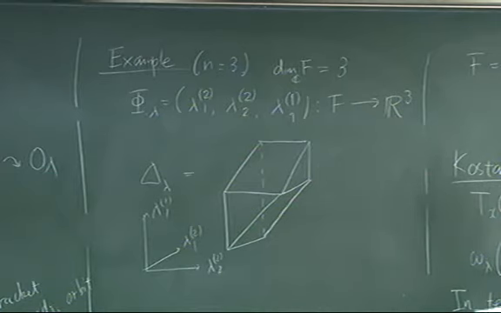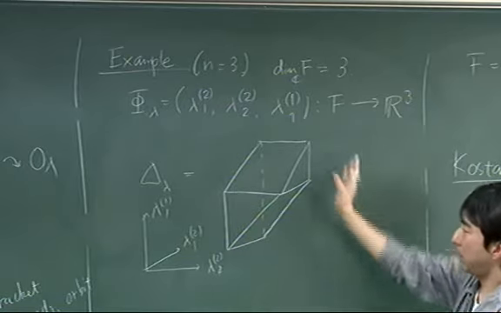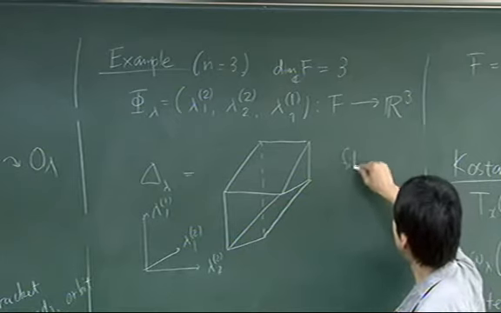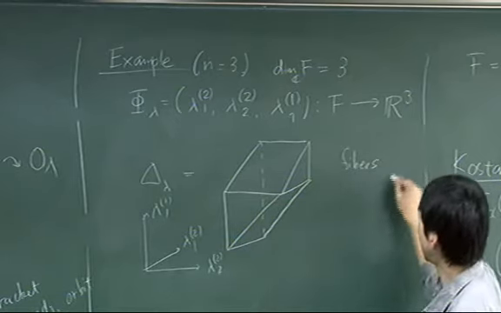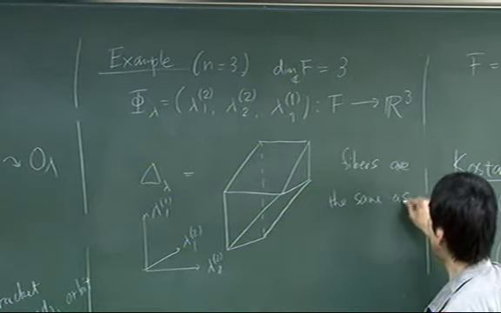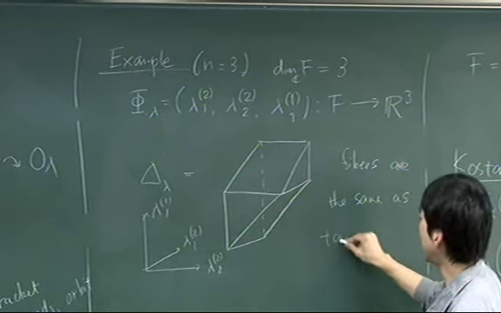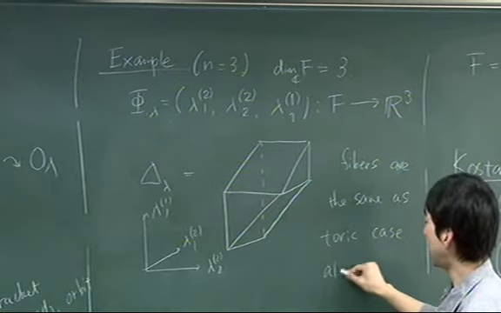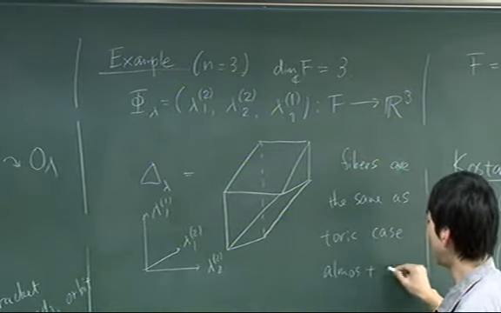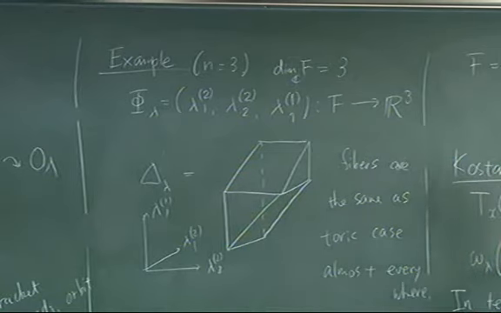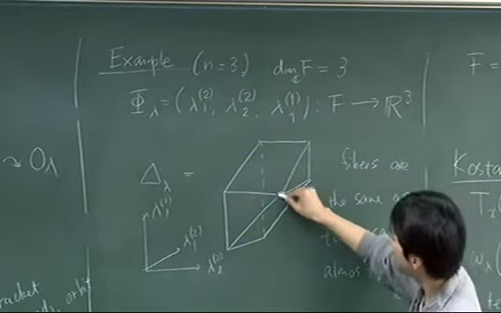The structure of the fibers is very similar to the toric case almost everywhere. The only difference appears at this vertex.